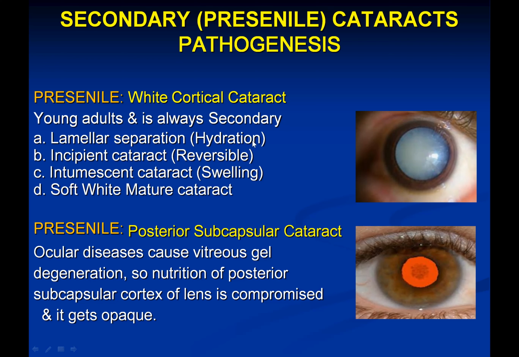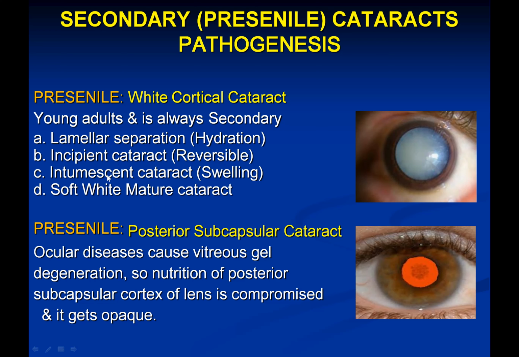The water from aqueous seeps into the lens and causes separation of its collagen lamellae, and gradually they turn into whitish or incipient cataract. Very early stage of cataract, incipient, because it is seen only with the help of slit lamp, and it is reversible at this stage if the etiology is reversed. Like if diabetes is controlled, it will reverse.